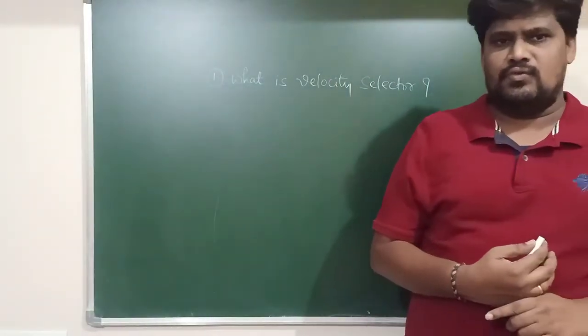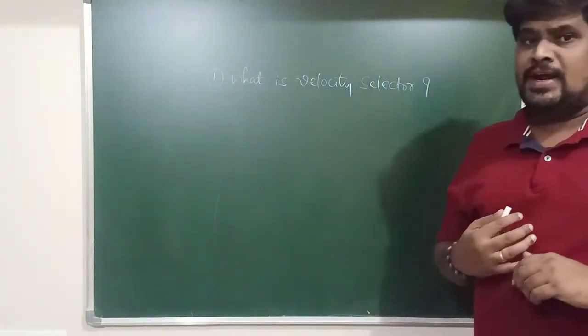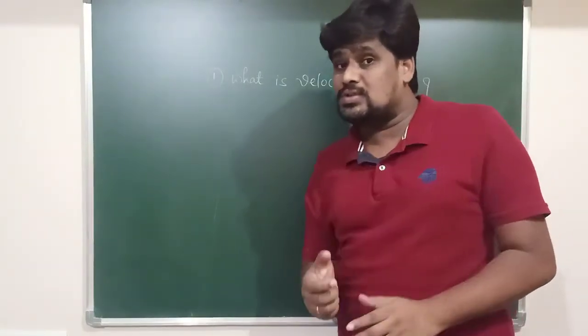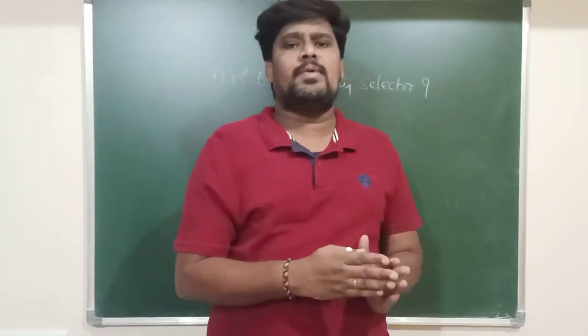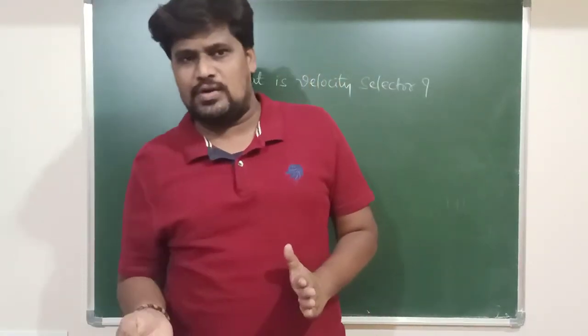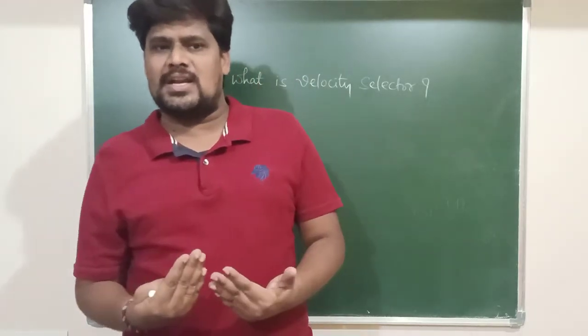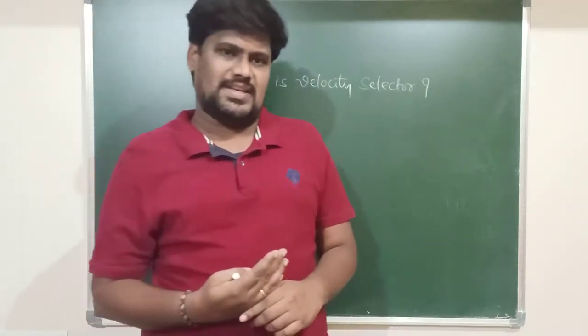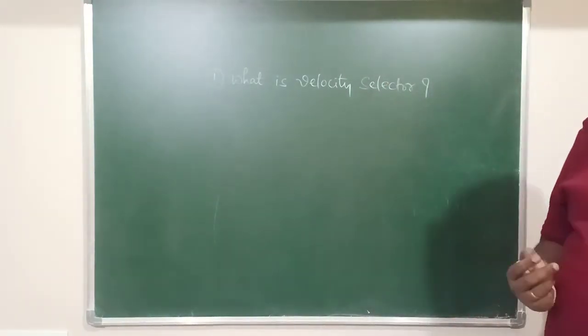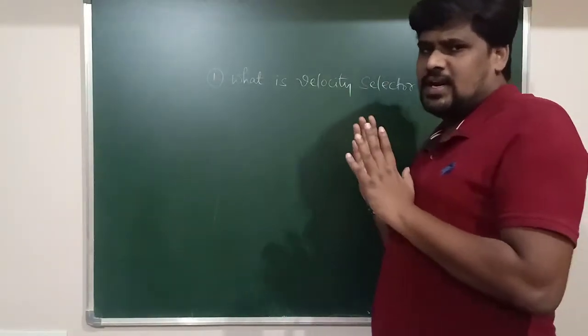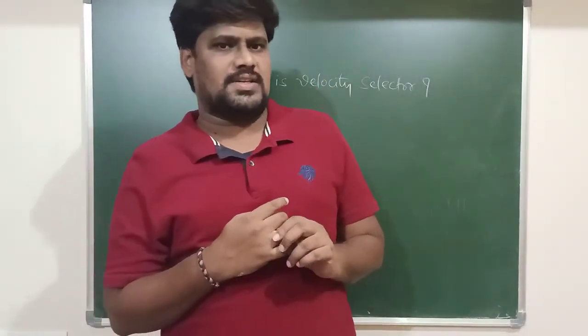Velocity selector is a device which is used to select charged particles of particular velocity out of the charged particles of different velocity. That particular device we call a velocity selector. Now concentrate or focus on the definition of the velocity selector.